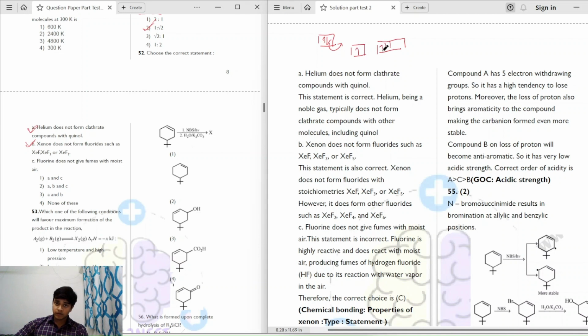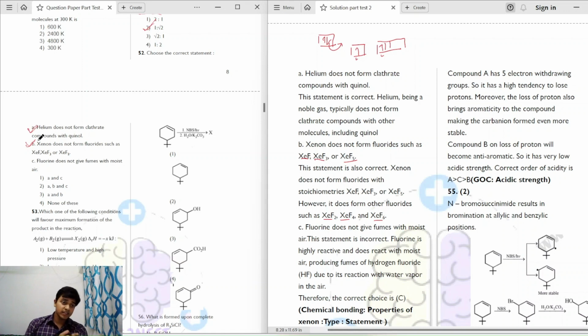So when the electrons are unpaired, we'll have two unpaired electrons, so it will have to form two bonds minimum. So if xenon is forming bonds, it will always form an even number of bonds. That is why it cannot form XeF, XeF3 or XeF5. Although there are compounds of xenon such as XeF2, XeF4 and XeF6, because it only forms an even number of bonds. So statement B is also correct.